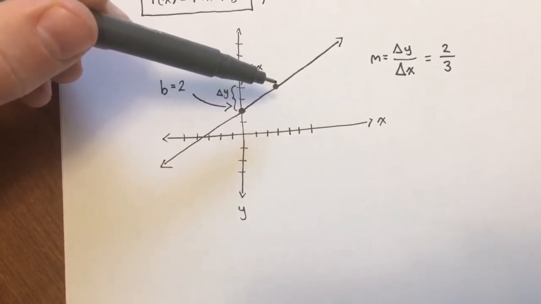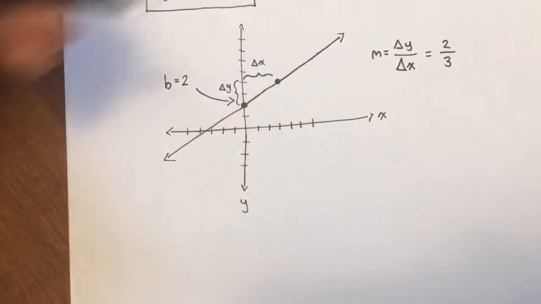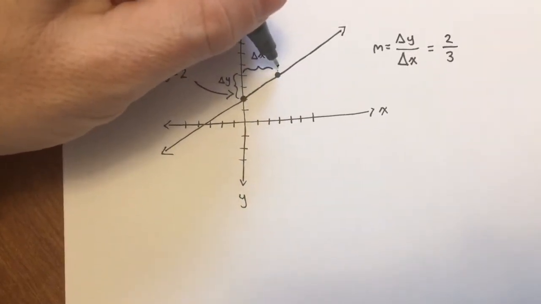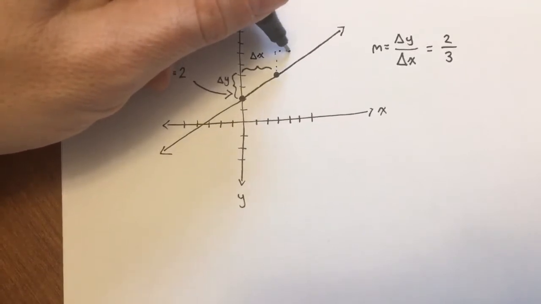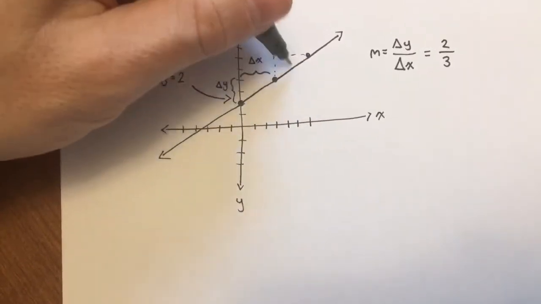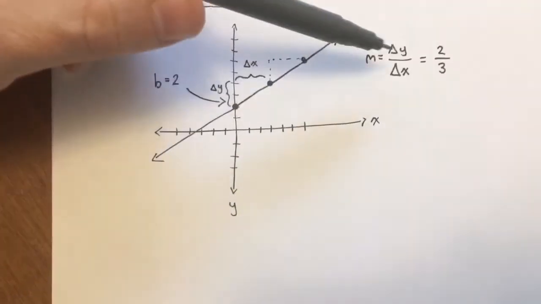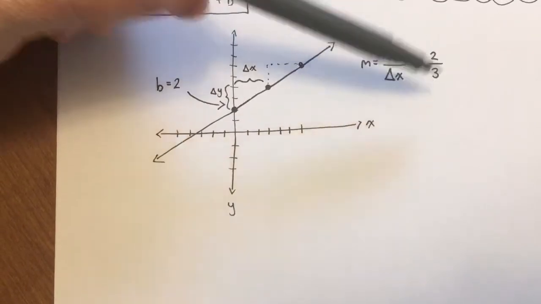One of the neat things about slope is that you can follow that same pattern all the way up. So up 2, right 3 units, and then up 2, right 3 units again. And so we get points all along the same line. So our slope is equal to 2 over 3.